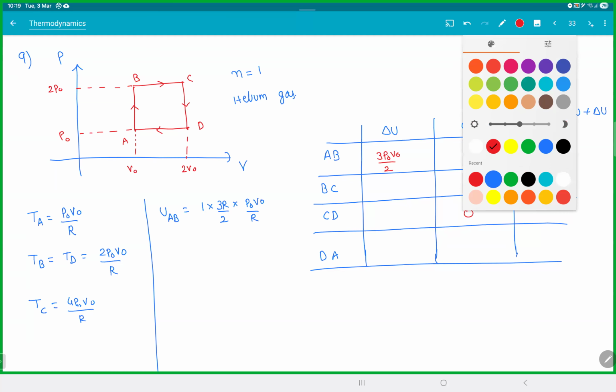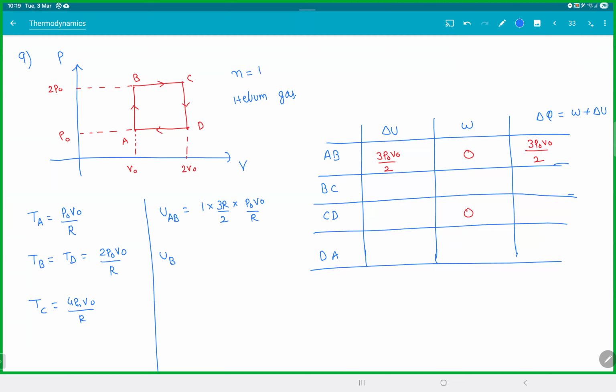And when you go from B to C, again the temperature difference will be 2P naught V naught. So this is 3P naught V naught. And when you go from C to D, it's minus 3P naught V naught. C to D, why am I writing A there? C to D is also, yeah.